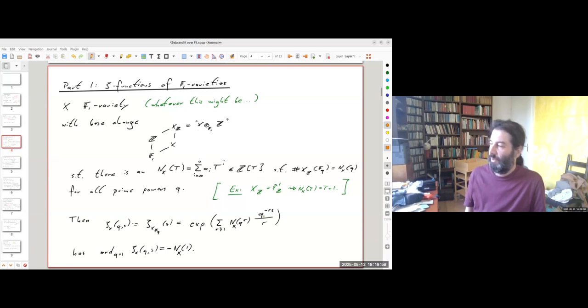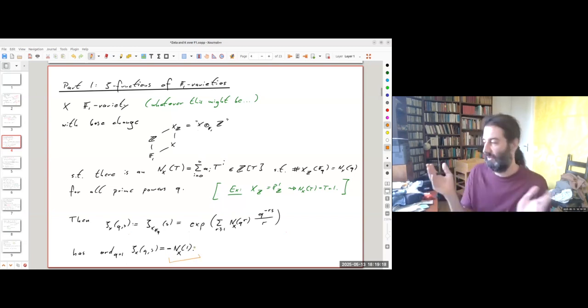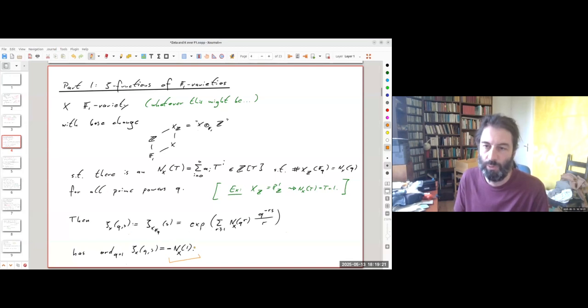And one observation that's easy to see if you look at this exponential series is that if you consider the zeta function as a function in Q, then it has a pole at Q equals 1 of order nX of 1. Or, I mean, it has a zero of order minus nX of 1, however you want to read that.